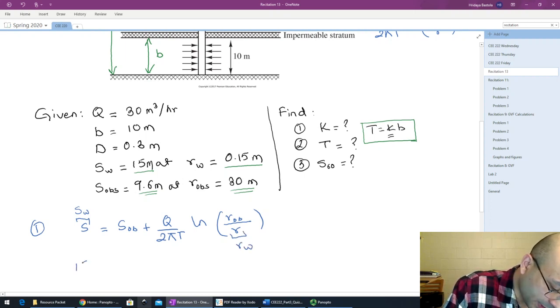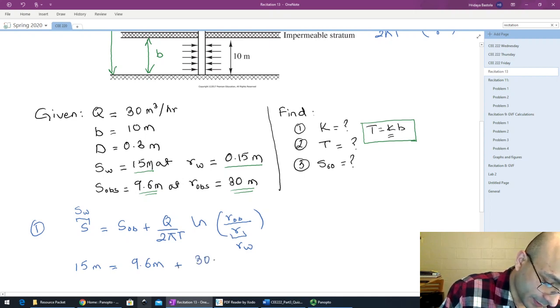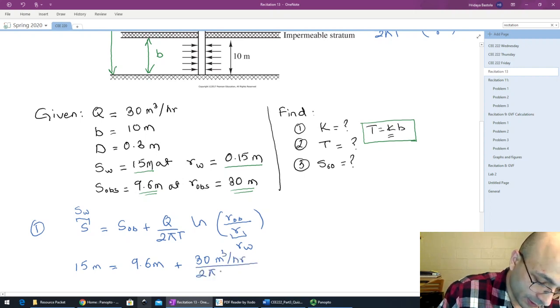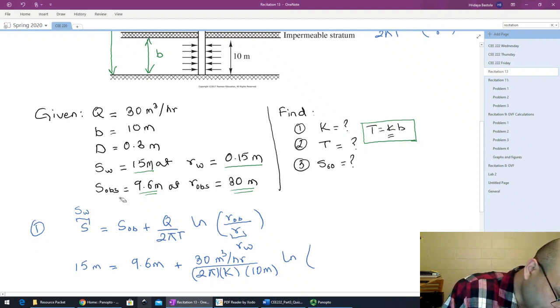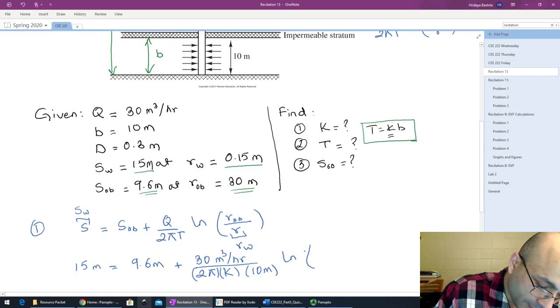So we'll get 15 meters equals 9.6 meters plus 30 meter cube per hour divided by 2 pi times T. So first let's calculate K. We can express that in terms of K times B, which is 10 meters, times log R observed, let me just keep that consistent, 30 meters divided by 0.15 meter.